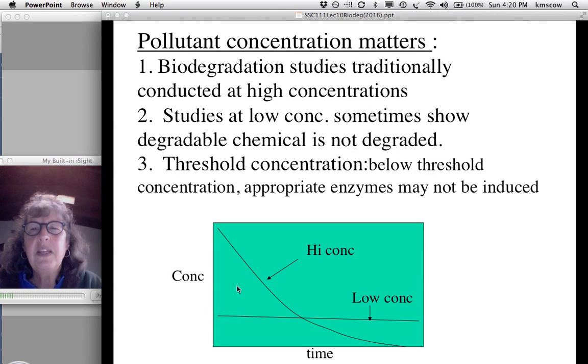By that I mean if there's going to be enzyme induction needed to kick in the reaction that would break down the contaminant, if it's at too low a concentration, there's not enough of the substrate to trigger the activation of the enzymes, and so it may just go unnoticed and not degrade. So this issue of pollutant concentration can really make a difference.